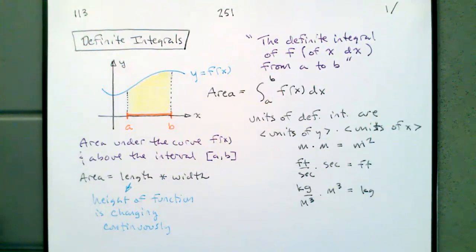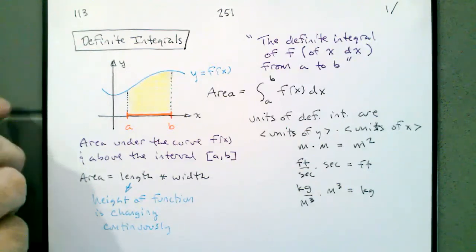So we'll use this definite integral anytime we want to do multiplication, but where one of the factors is continuously variable. We use integration to do multiplication where one of the factors is variable.